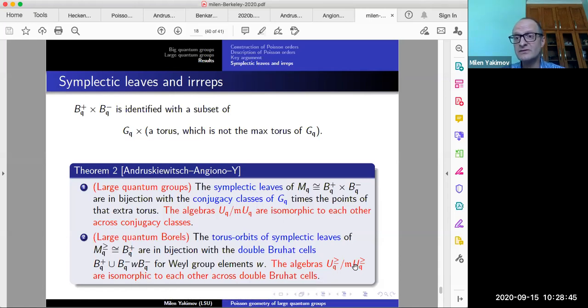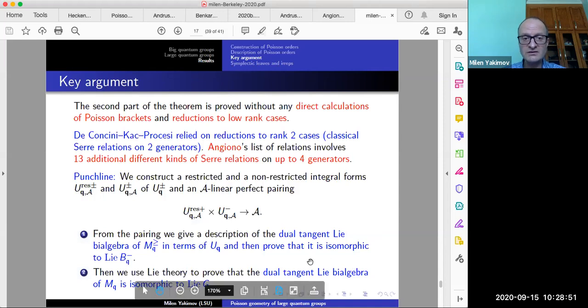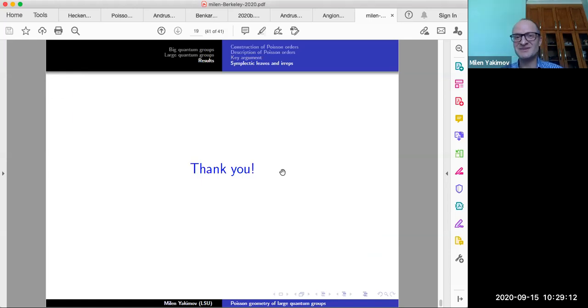So the final result is somehow exactly the same as the classical results, but the key point is that the way these results were obtained here is quite different from the classical situation, because that really cannot be extended case by case. I personally doubt that even in the case of SL(m|n), one can do a case-by-case construction on the Serre relations. So that's going to be all, and thank you so much for the invitation again.